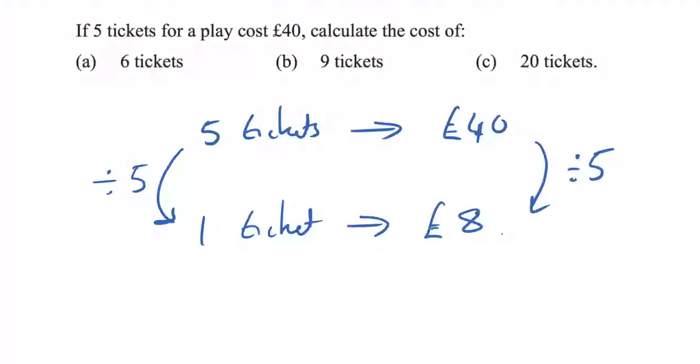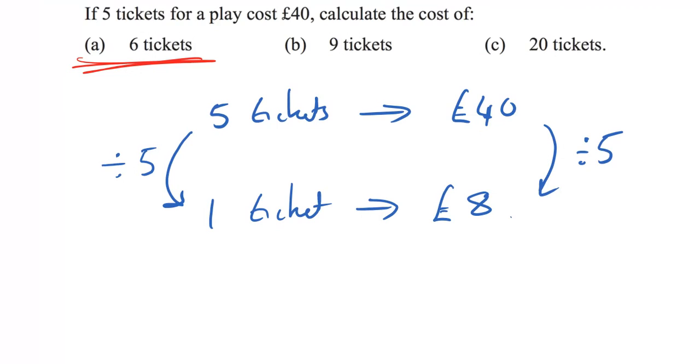Okay, now for part A, we're asked to find 6 tickets. So I'm going to need to find 8 times 6. And of course, that is going to be £48. That's how much 6 tickets cost. For part B, I'm going to need 9 tickets.